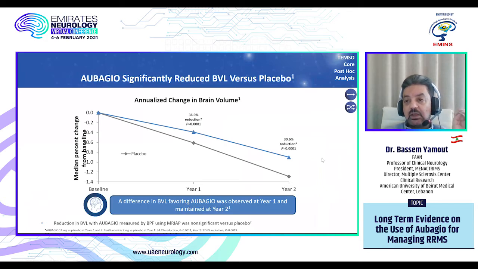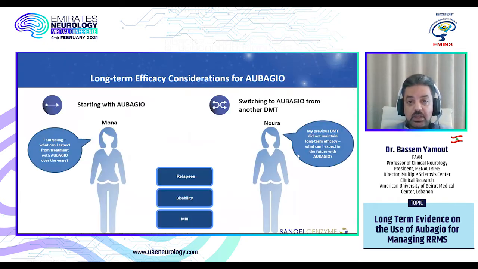At the same time, the TEMSO trial had MRI data, and it showed that at the end of 2 years, there was a 30% reduction in brain volume loss. So both brain volume loss and cognition are improved with Aubagio up to 2 years, and cognition we've seen up to 5 years. So it has an effect on both factors.